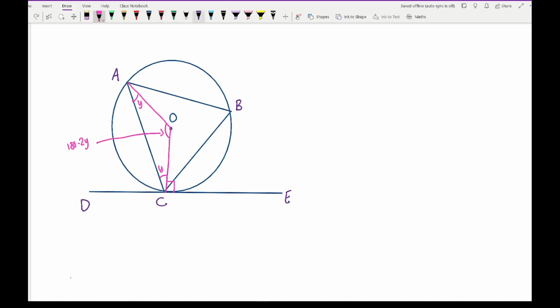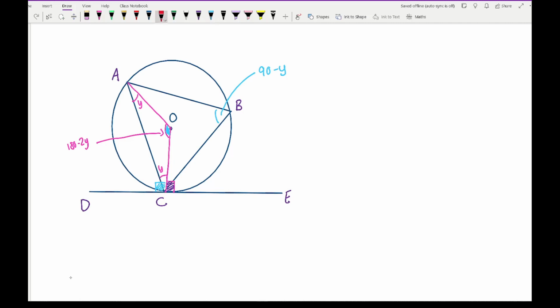Now, remembering the rules of the arrowhead, if this angle here is 180 minus 2y, then this angle here is going to be half of that, so it's going to be 90 minus y. Now, from this, what we can then do is work out what this angle here is going to be. Now, if this side here is 90 degrees, again, if you're not sure what I'm talking about, I'll highlight it here. So if this angle here is 90, then this angle here is going to be 90 as well.